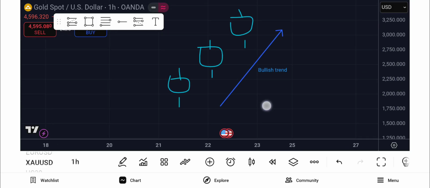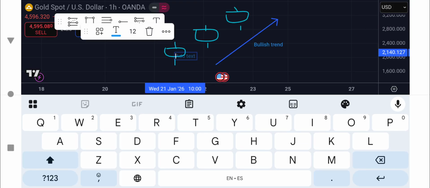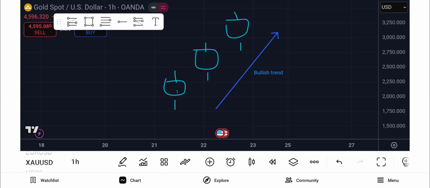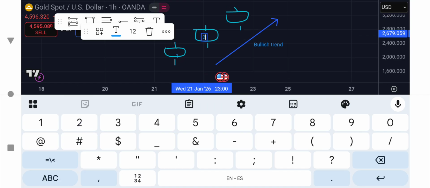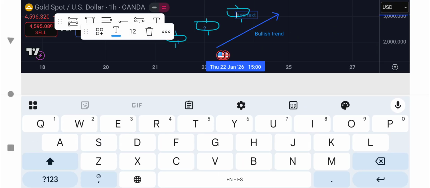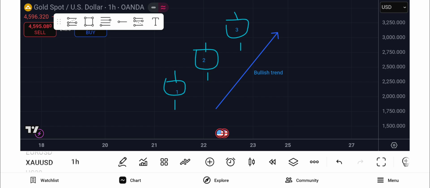Okay, now how you identify, right, is, let me go ahead and put one here. That's one, that's 2, that's 3. So 3 candles, right?